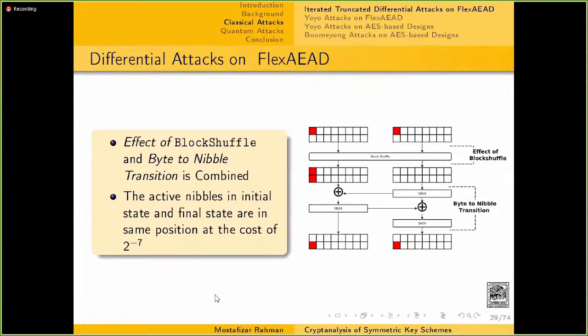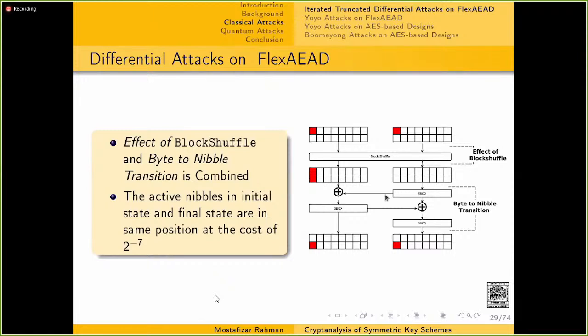First of all, to form an iterated truncated differential, we combine the effect of block shuffle and byte to nibble transition. So we see here that there are two active nibbles, and this will come to a single active byte.